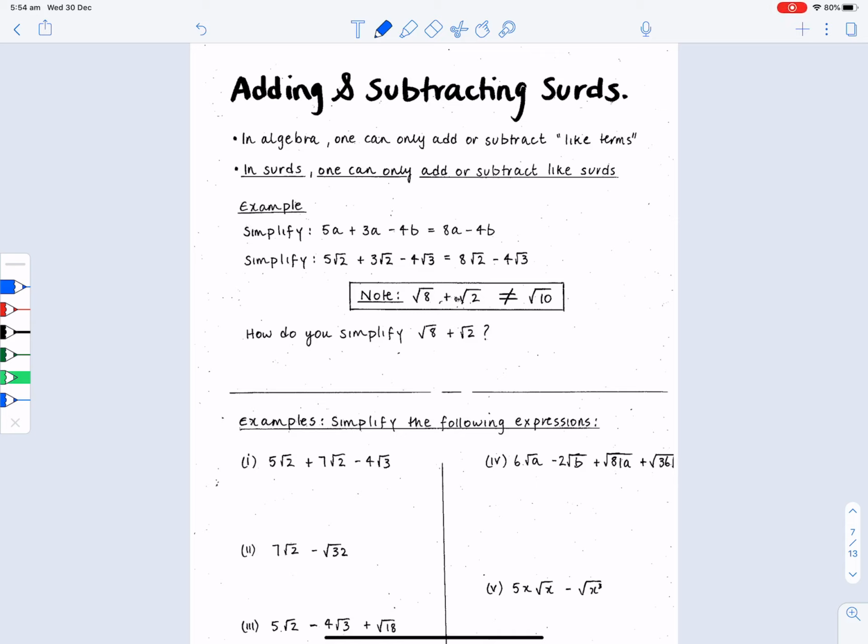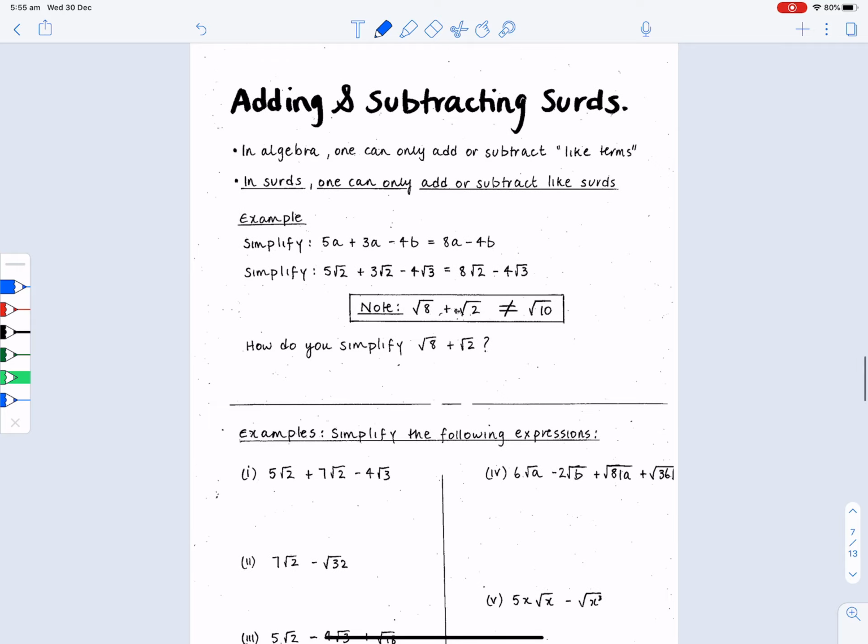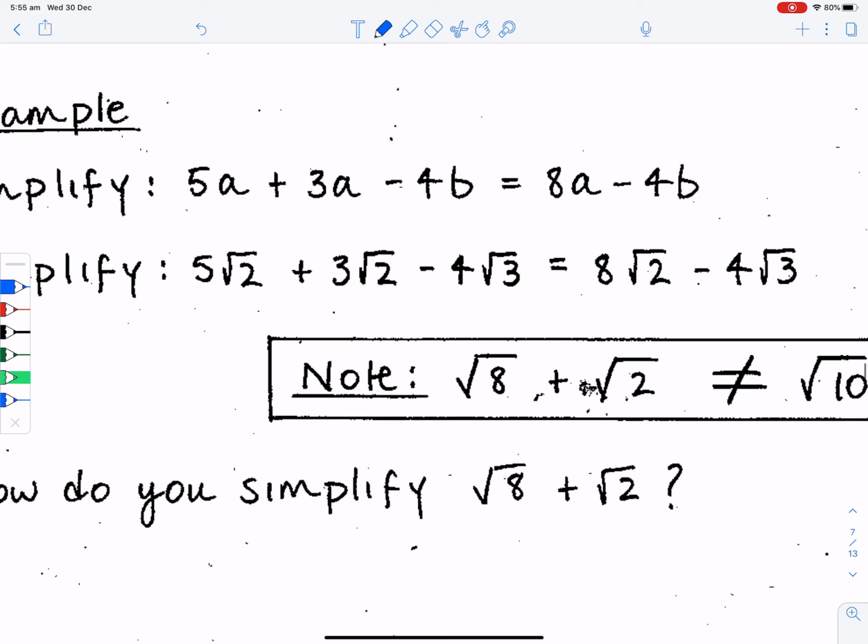Adding and subtracting surds can be likened to, or is very similar to, adding and subtracting algebra. So if you look at the algebra concept, if you recall, if you're trying to simplify 5a plus 3a minus 4b, 5a and 3a are like terms.